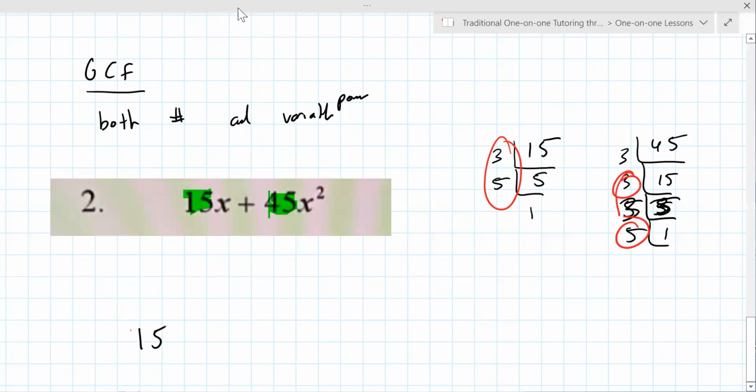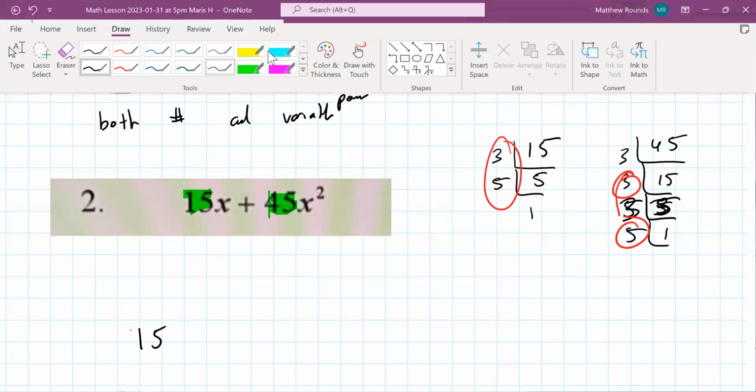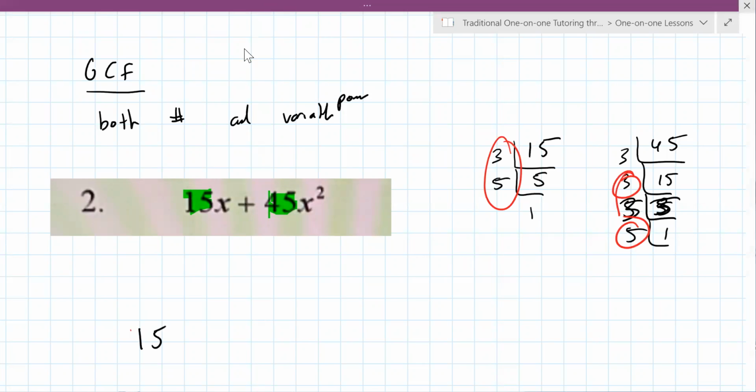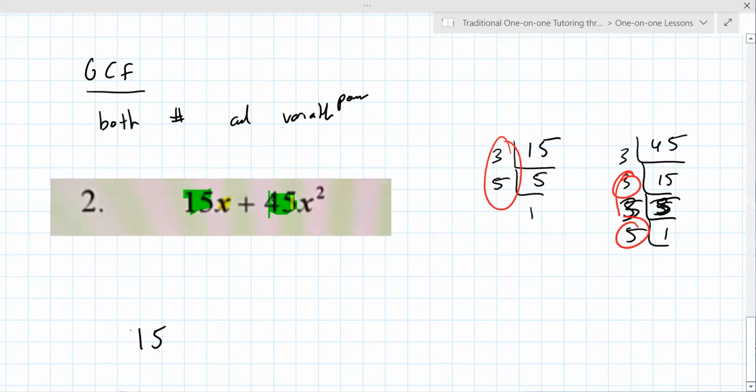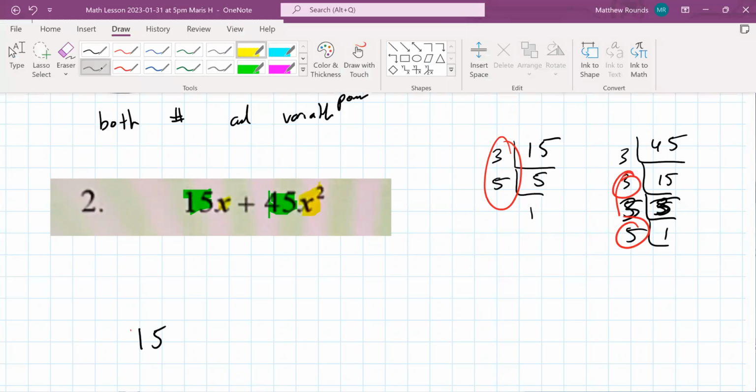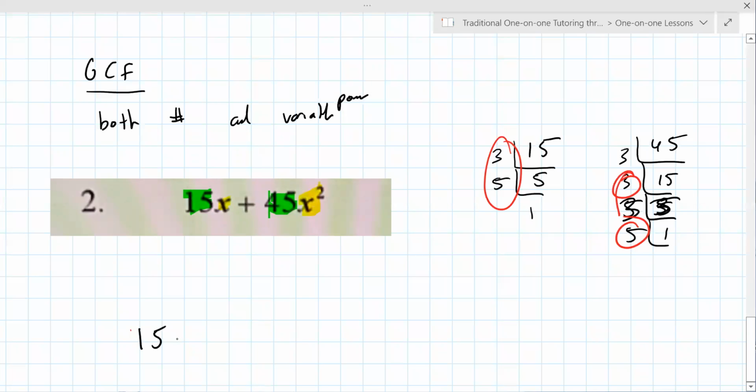Now you do the same thing with the variables that we just did. You look at the x and the x squared, and you ask yourself, what's the smaller of the two exponents? Just x. Okay, and then you divide each of these by that.